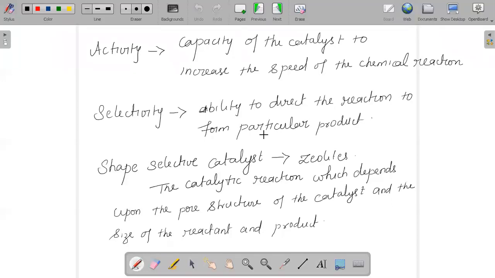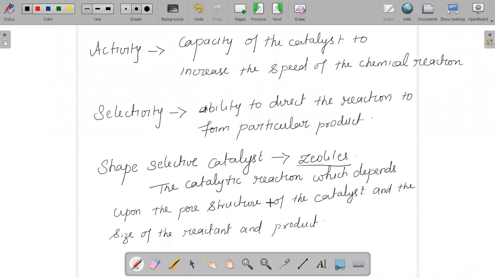And in that type of catalyst, when we say selectivity, we have a name, that is shape selective catalysis. The example of shape selective catalysis is zeolites. The reaction taking place in zeolites depends on the fact that they are good shape selective catalysts because of their structure.